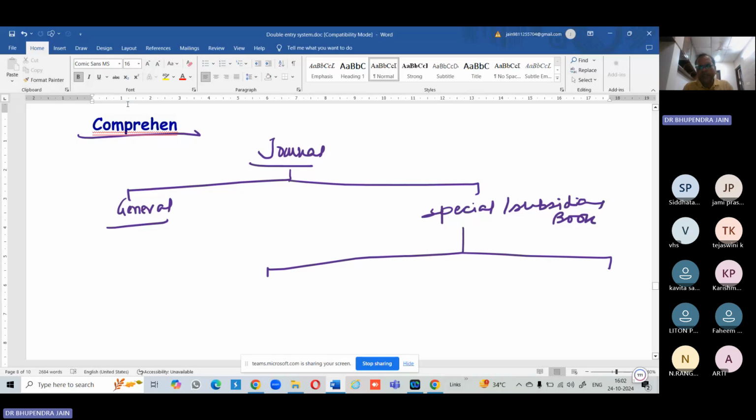Suppose a company has thousands of transactions regarding cash in a month or in a day or quarterly or yearly. So in manual accounting, it is very tough to record all the transactions in the general book, the ledger book. Ledger is a book.